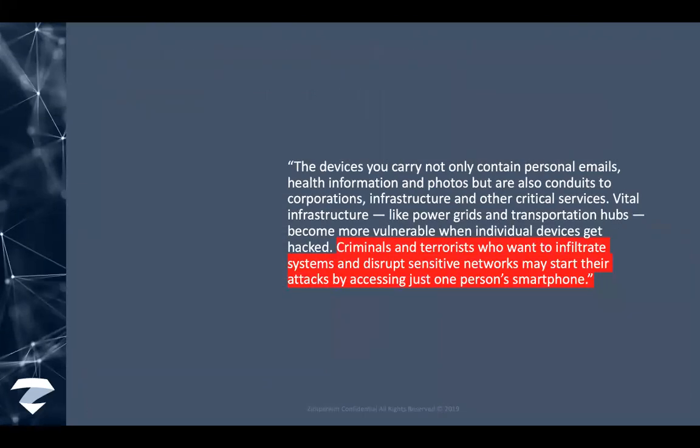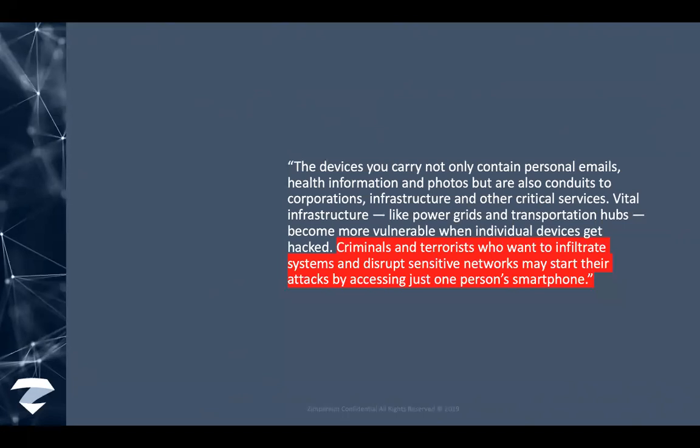And really, why it's important is, and I want to read this statement because it's pretty powerful, and I want you to think about who may have said this. So the devices you carry not only contain personal emails, health information, and photos, but also are the conduits to corporations, infrastructure, and other critical services. So this is vital infrastructure like power grids and transportation hubs.